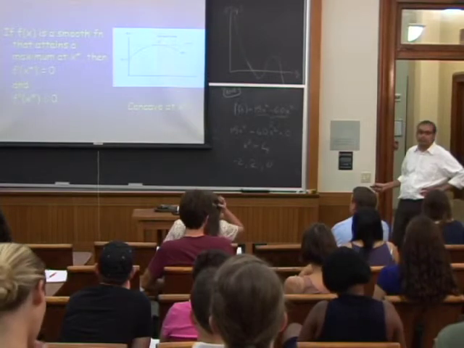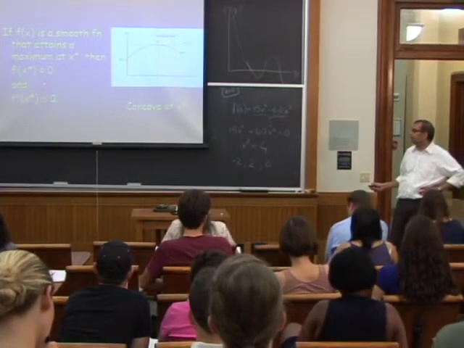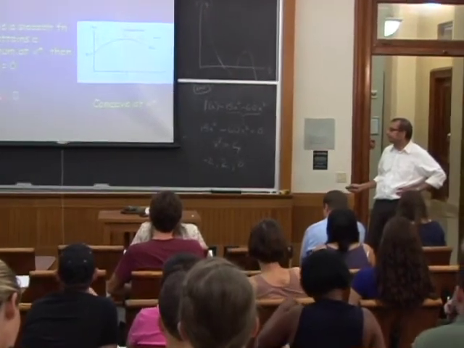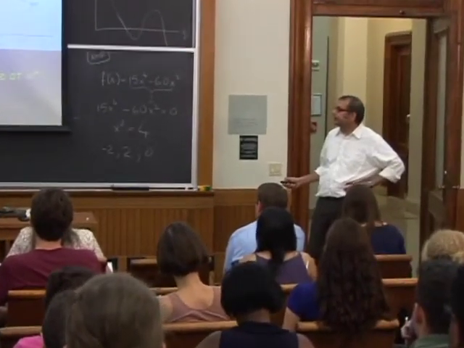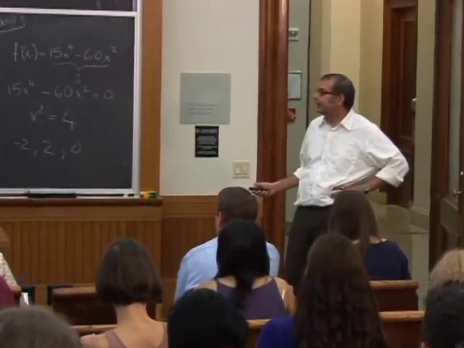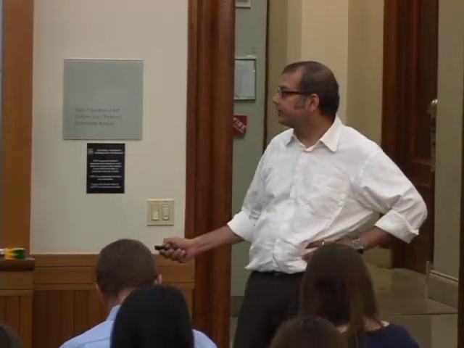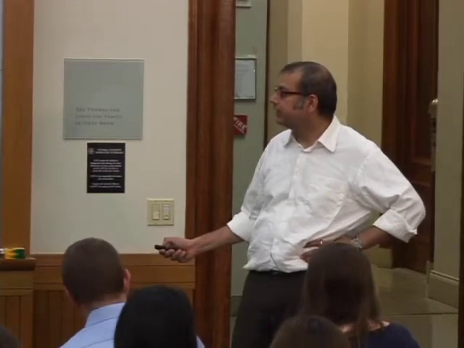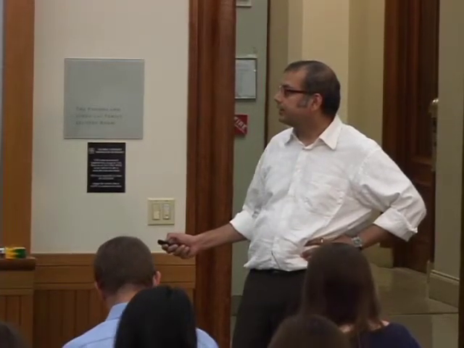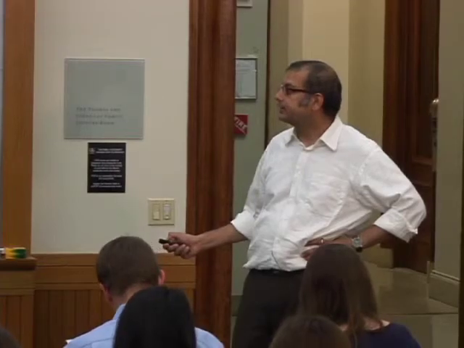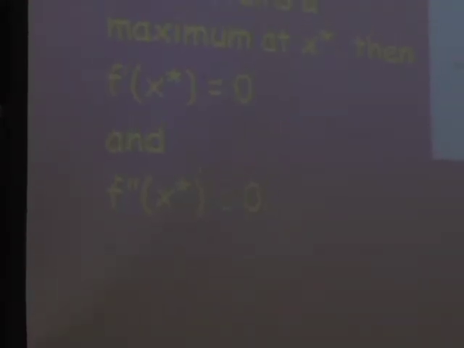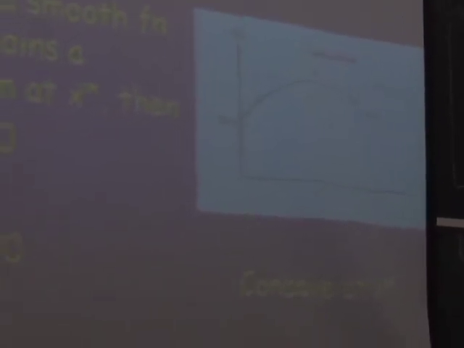If you go back to an earlier slide, recall that having the second derivative be negative was the definition of a concave function. Okay? So this is a concave function. If it's concave and its slope is flat, then it's attaining a maximum. If it's convex and its slope is flat, it's attaining a minimum.